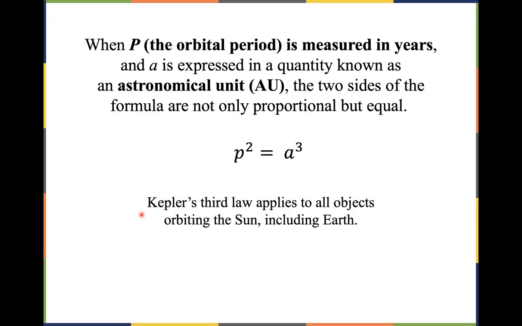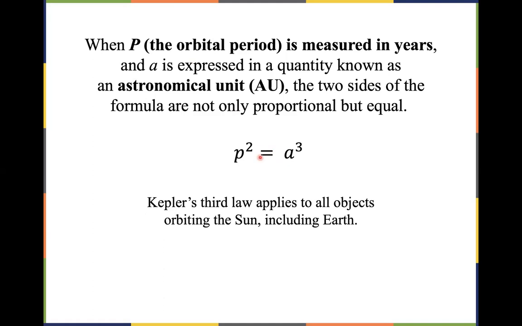There is a very special thing about this law. If you use correct units, it's very easy to do calculations here. As an example, if T, the orbital period, is calculated in years, and the distance from the sun to a particular planet, or the length of the semi-major axis, is calculated in astronomical units, you can remove that proportional sign and make these two equal to each other directly.